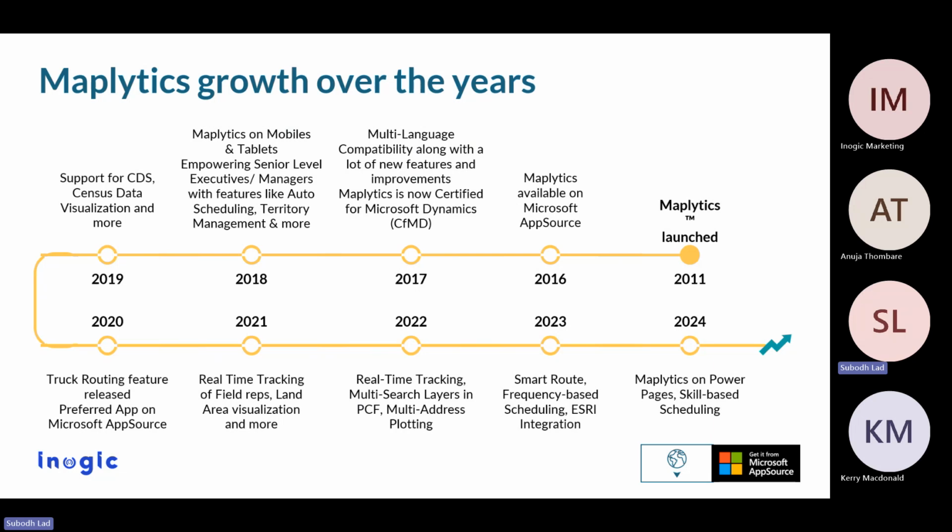As you can see on my screen, Maplytics at its inception in 2011 was a store search app. We started over that, and over time we have progressed. In 2016 we were available on App Source, and after that our journey has been continuous and we have been rapidly growing.